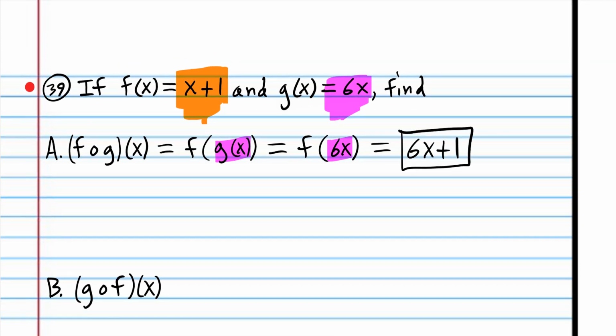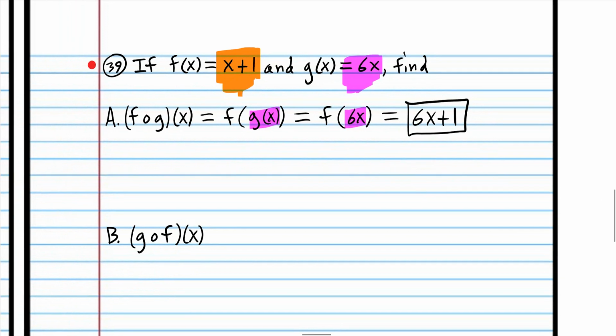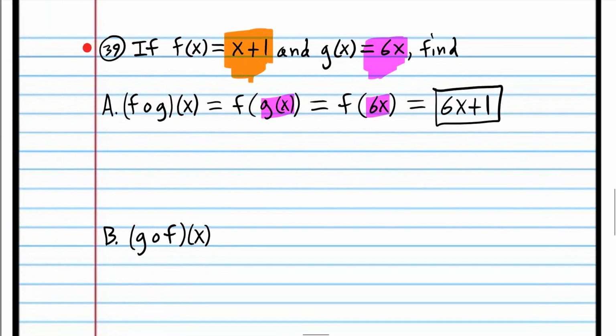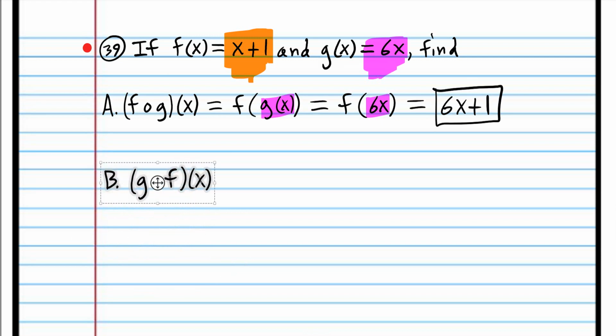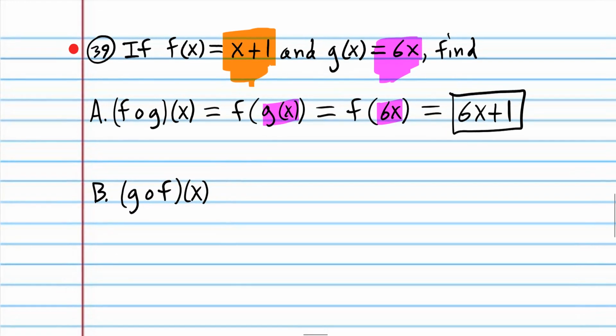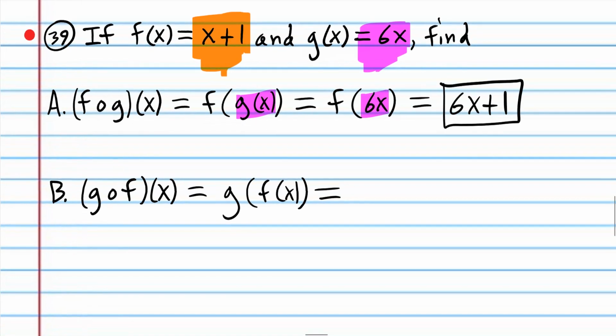And that is the answer. So this is pretty easy. Let's try part B. We're doing the same thing, except instead of putting the g function into the f function, we're putting the f function into the g function. So it's kind of the other way around.